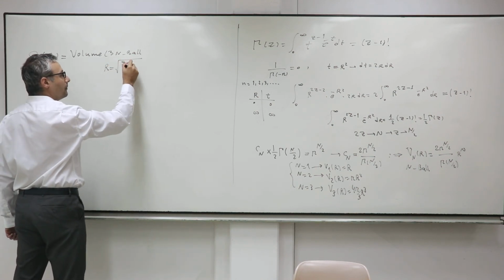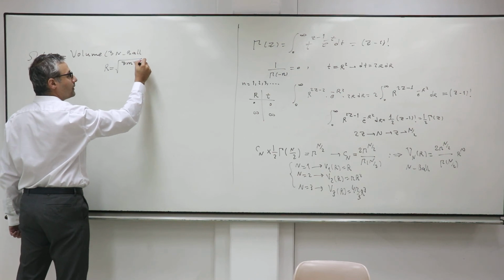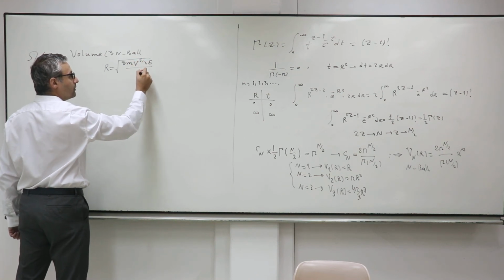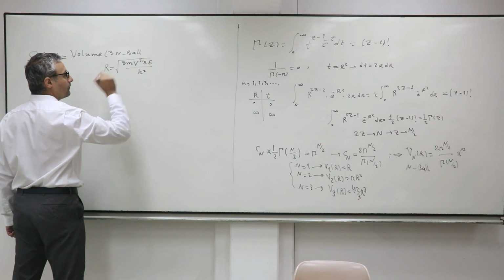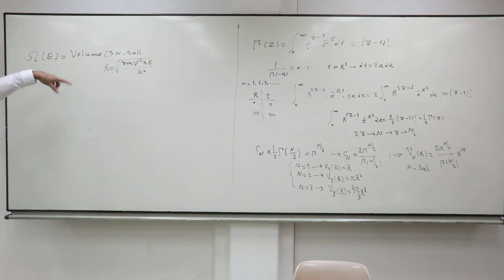The square root of 8 m V^(2/3) E over h squared. Just replace it here.